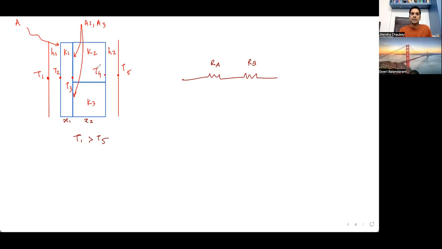Then these are two in parallel, so you can divide them into two resistances, RC and RD. And then there is again a convection, which will be RE, let us say.